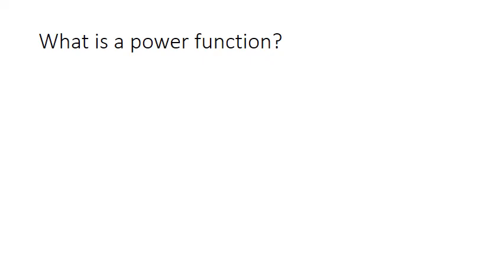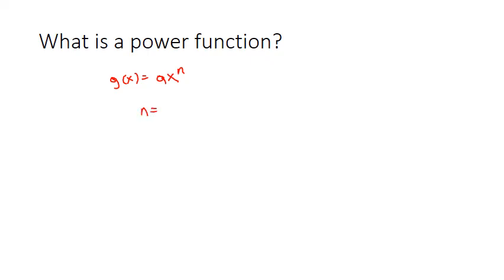The behaviors that we noticed for polynomial functions were really generalizations of what happens with a power function. But what is a power function? A power function is a function that has a base, that's a variable, and then a power, that's some number, and it has some constant that we're multiplying by.